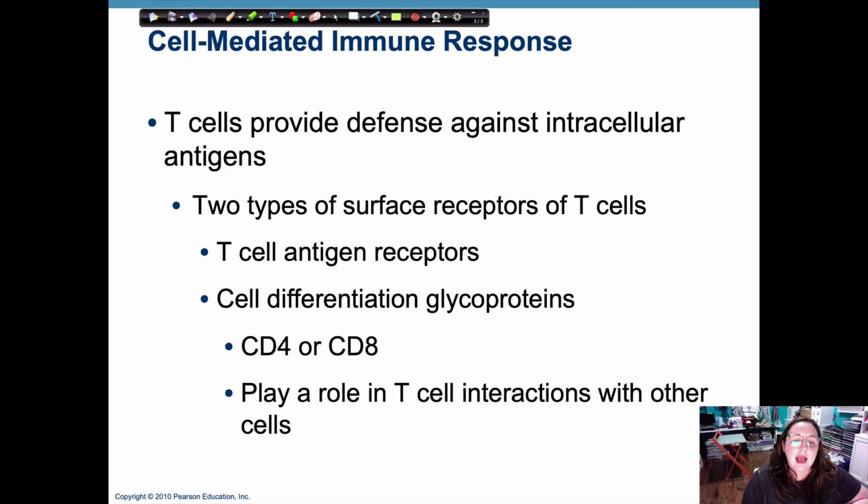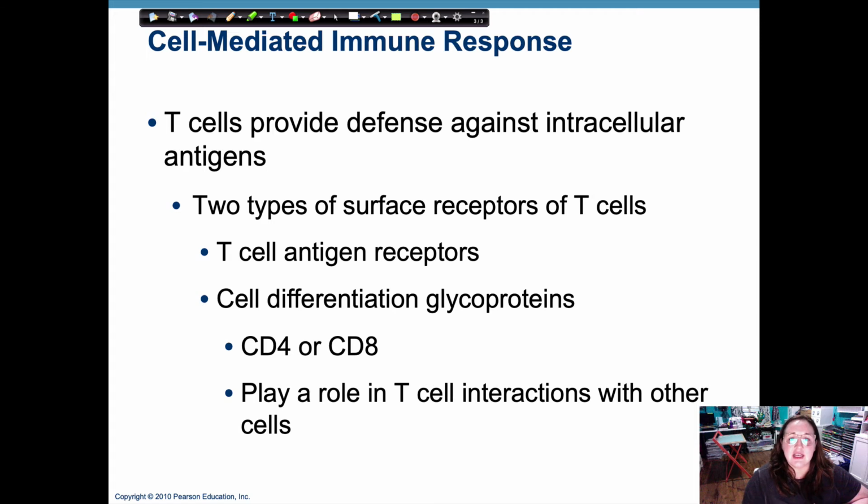Or it could happen if another antigen presenting cell like a macrophage or a dendritic cell engulfs an antigen and then presents it.